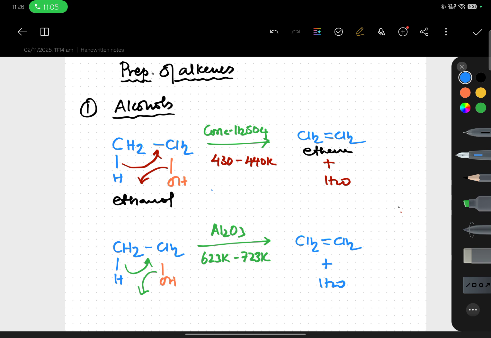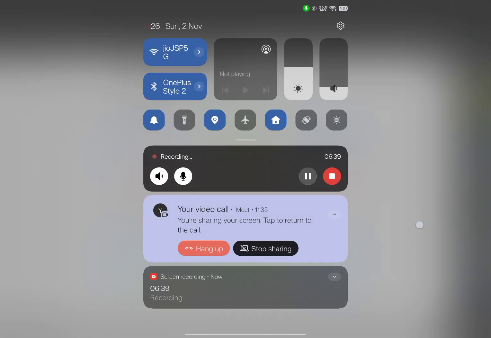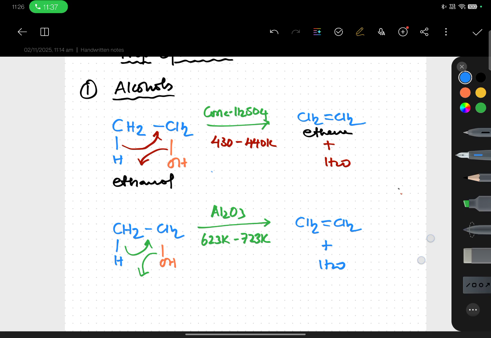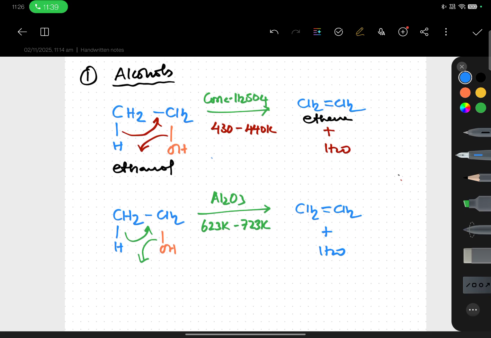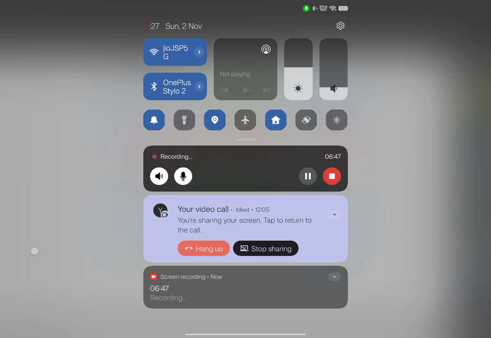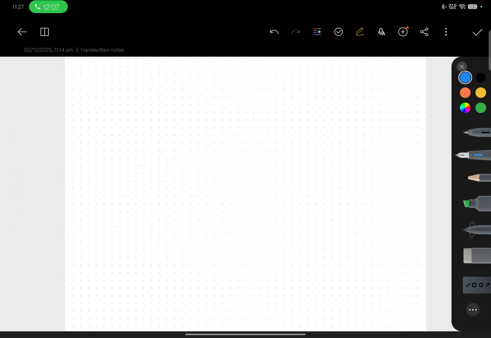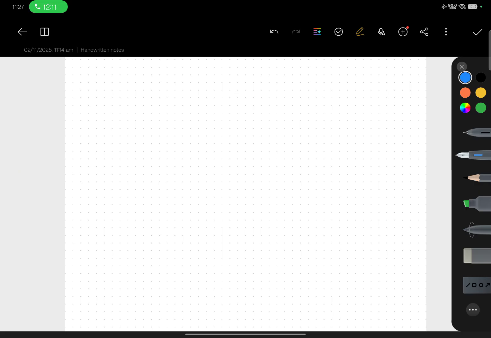Copy this now. Copy. Now we'll go for the preparation of alkenes from alkynes.